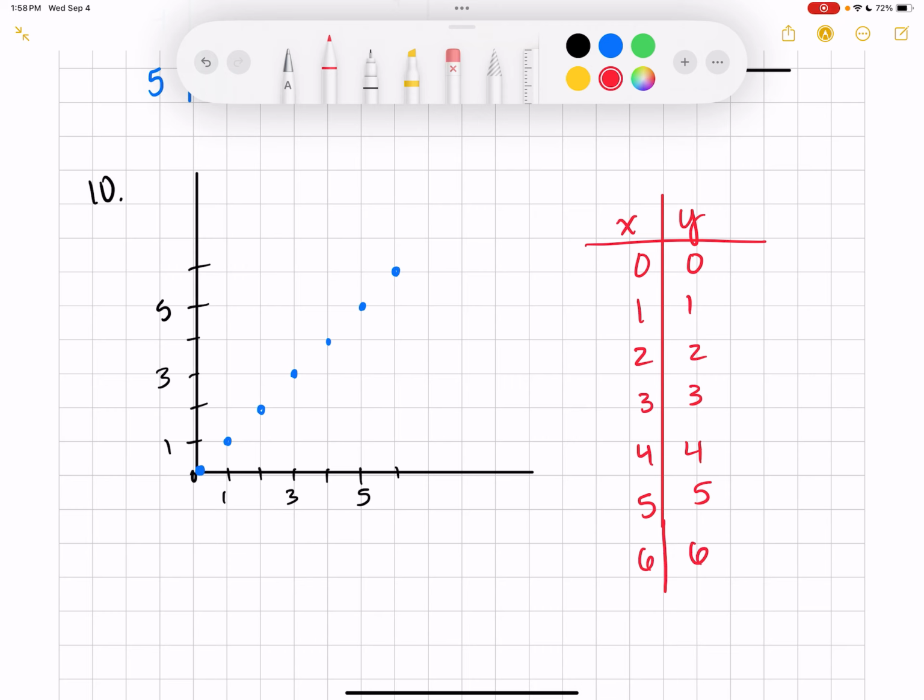And I need to write an equation that fits that. Y equals 0 would be the first one, right? Because when x is 0, y is 0.